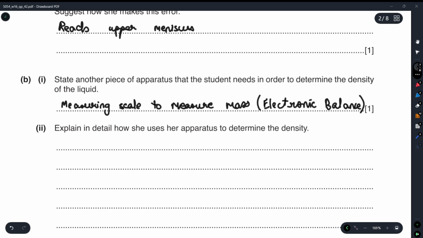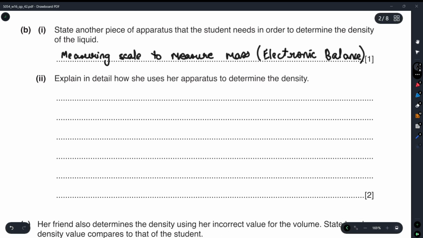So, couple of things that you need to remember. Now, moving on, explain in detail how she uses her apparatus to determine the density. So, in that case, it's going to be fairly simple. Measure mass of empty cylinder.